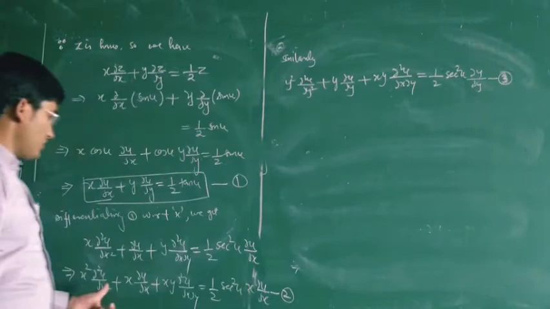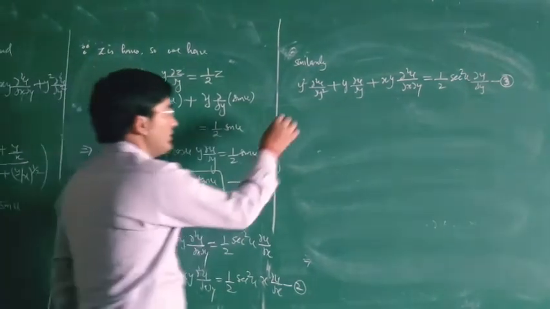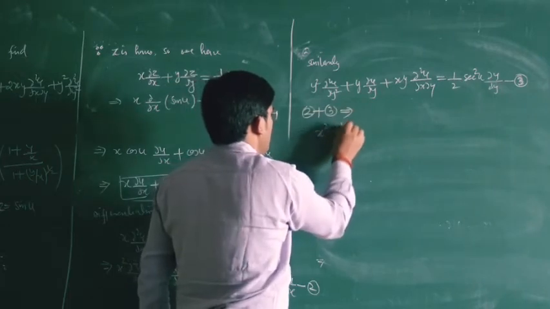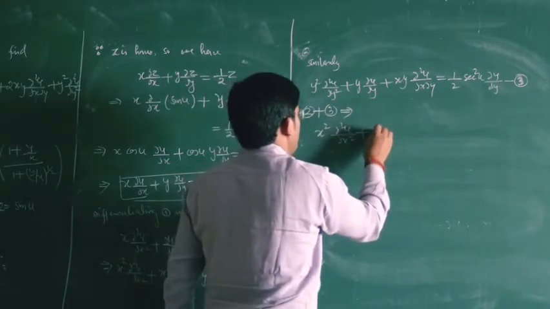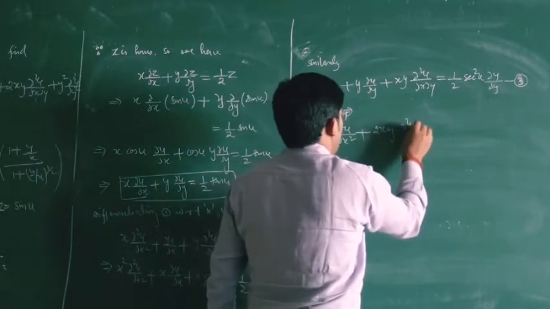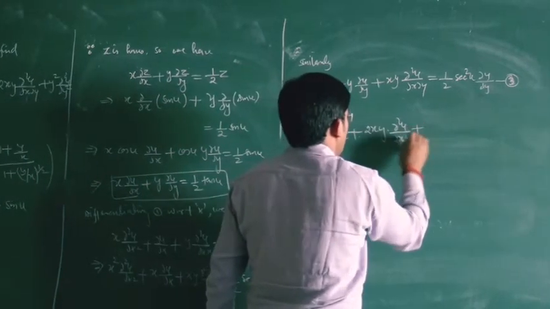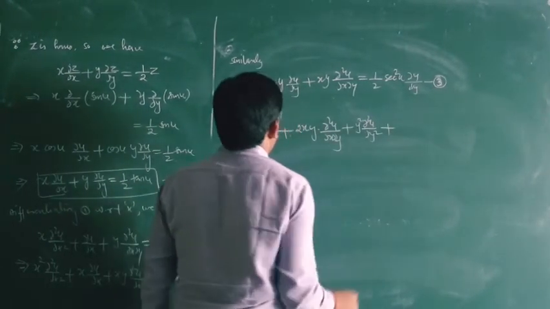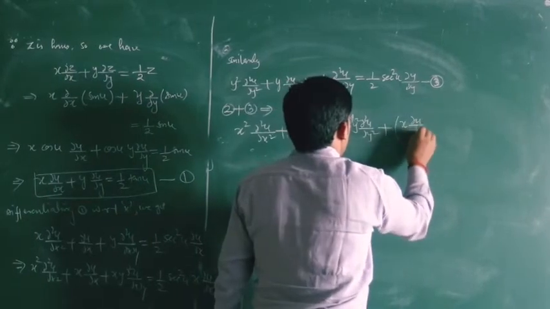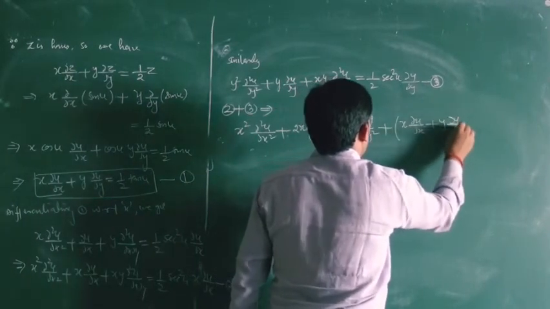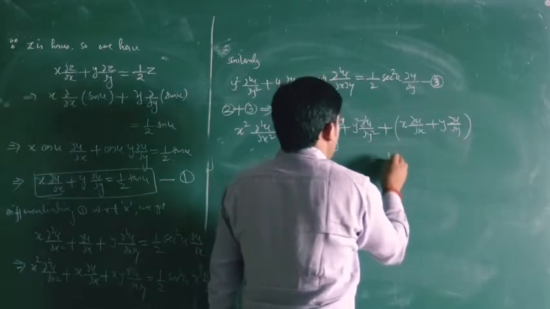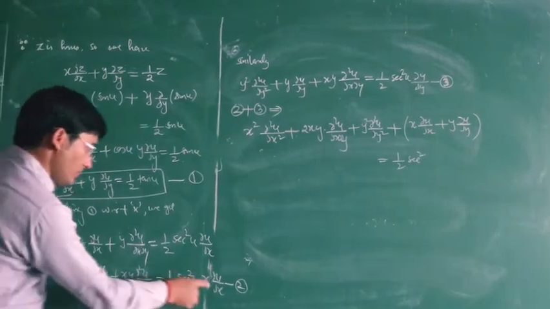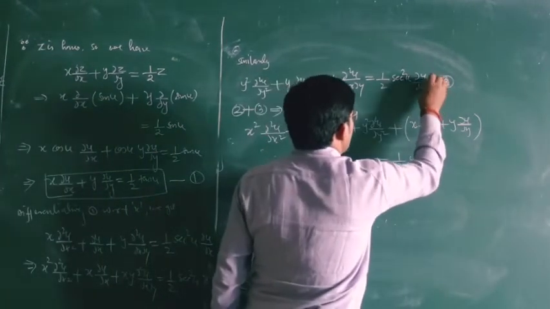Now again let us add equation number 2 and 3. So 2 plus 3 implies x square del squared u upon del x squared plus 2 times xy del squared u upon del x del y plus y square del squared u upon del y squared plus x del u upon del x plus y del u upon del y equal to, on the right hand side we will have half sec square u, here we have x and then similarly we will have y here.